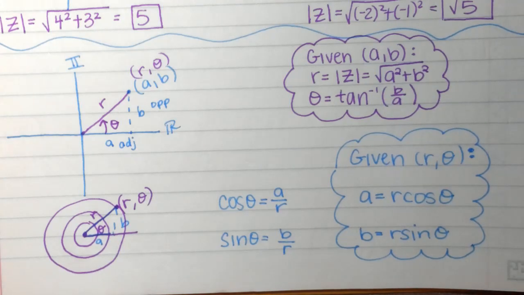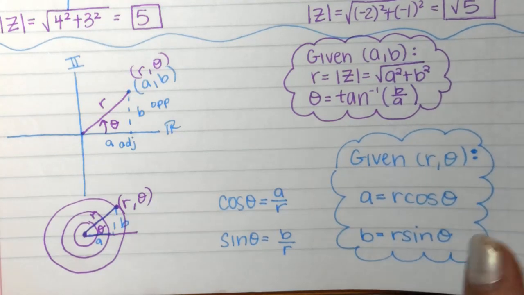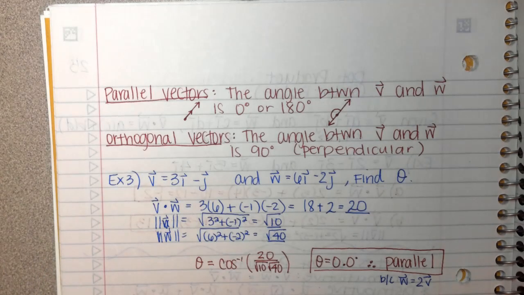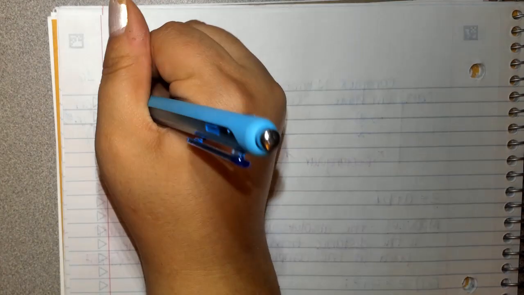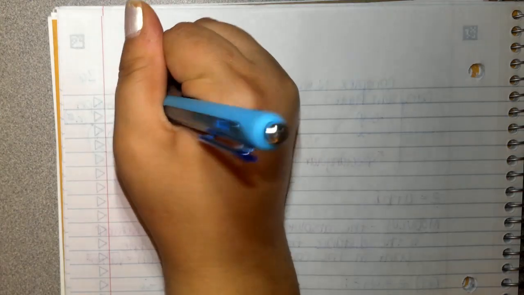All right, I'm going to turn my paper over because I've run out of room. So yesterday we talked about the standard form.